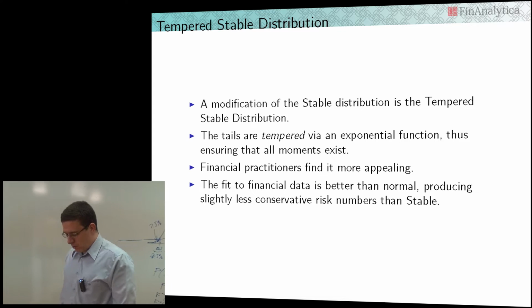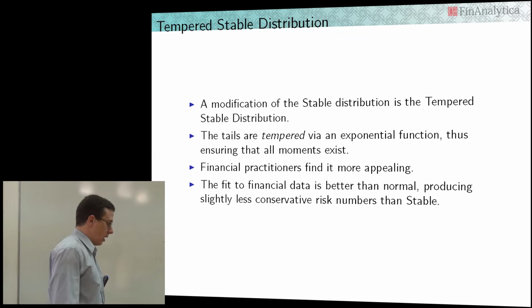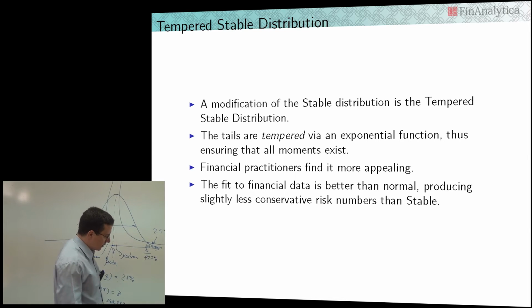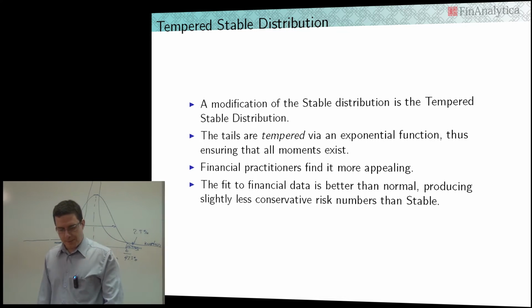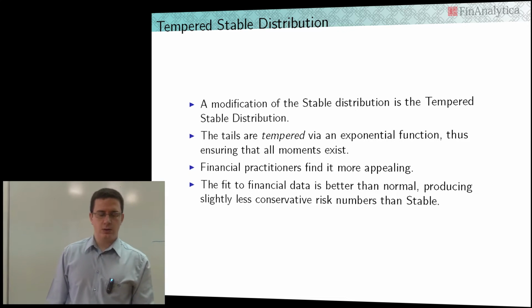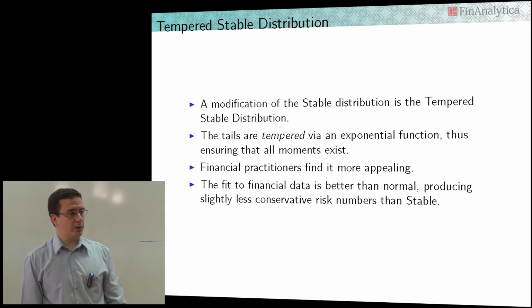Now, while the stable produces a much better fit than the Gaussian, the lack of variance is somewhat troubling, because we're not seeing too large movements on the market.